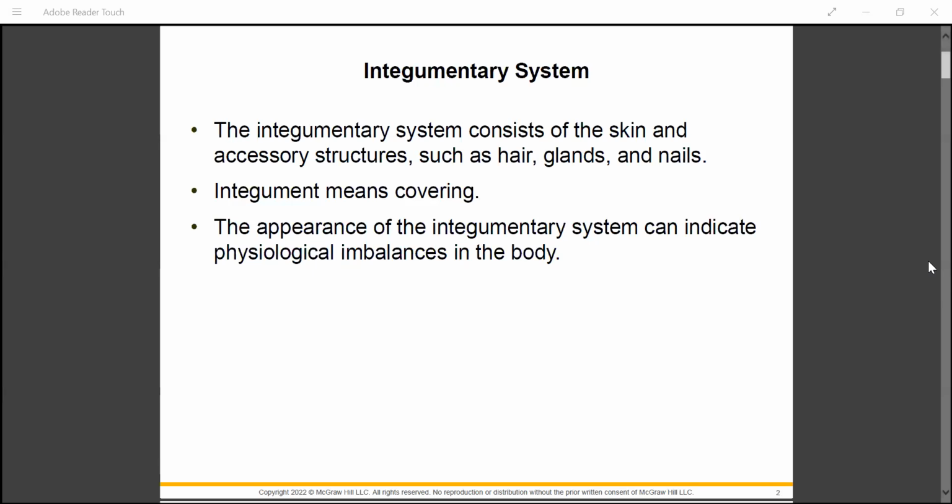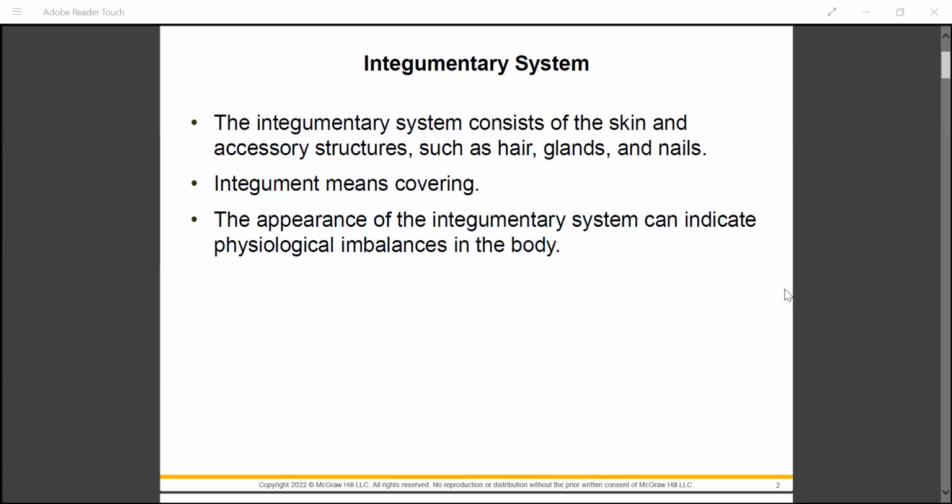So certain skin conditions can give us a hint to what is going on with our patient in a clinical sense. So the integumentary system has a few functions, protection being a big function. So we'll go through kind of piece by piece on what makes up the integumentary system.